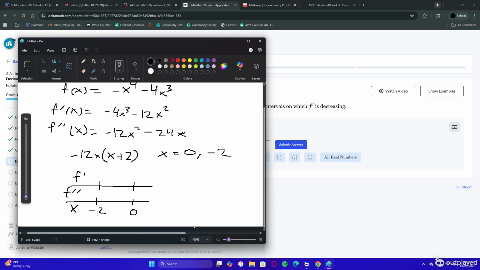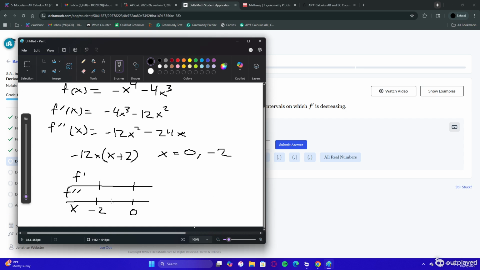Now if we plug in negative 2 or 0 to this function f double prime of x, we would get 0, which is why it's a critical point. But if we plug in values less than negative 2, in between negative 2 and 0, or over 0, we would be able to find where f prime is decreasing or increasing.